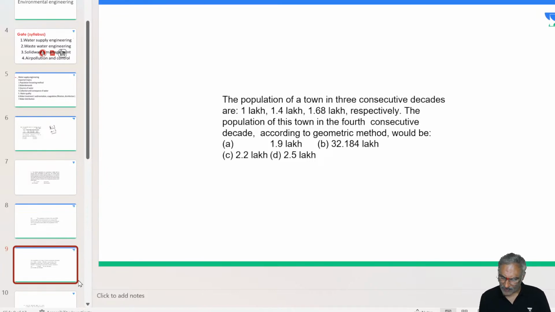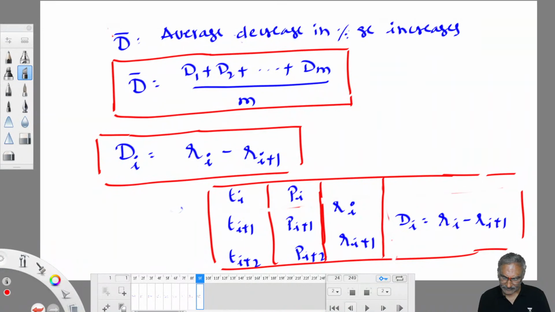I will explain with the help of some data, with the help of one example. Let me set a question.